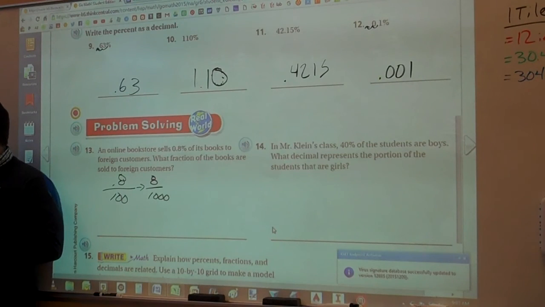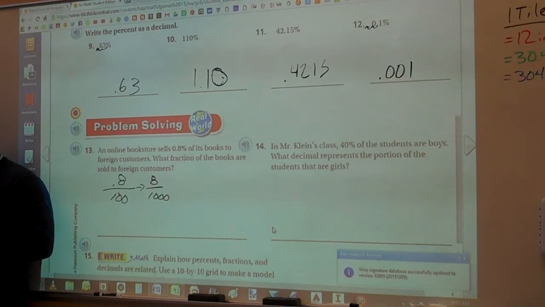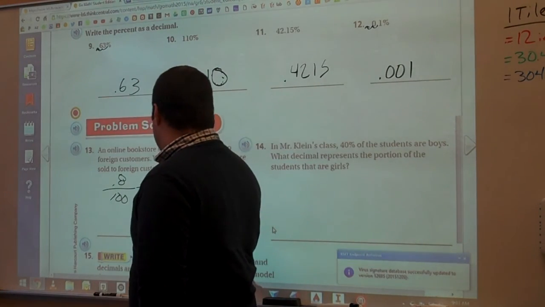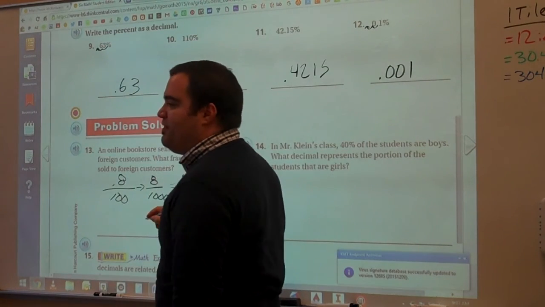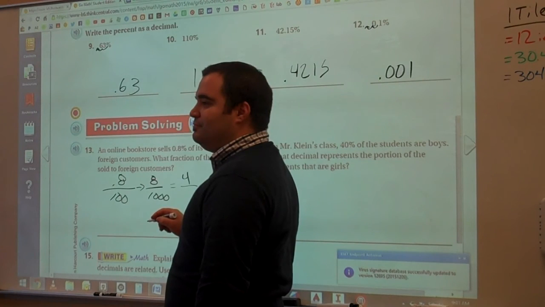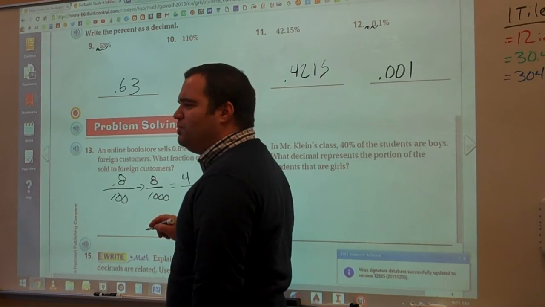But 8 over 1,000 needs to be reduced. They're both even. Let's take a 2 out. How many 2s are in 8? 4. How many 2s are in 1,000? What's 1,000 divided by 2?